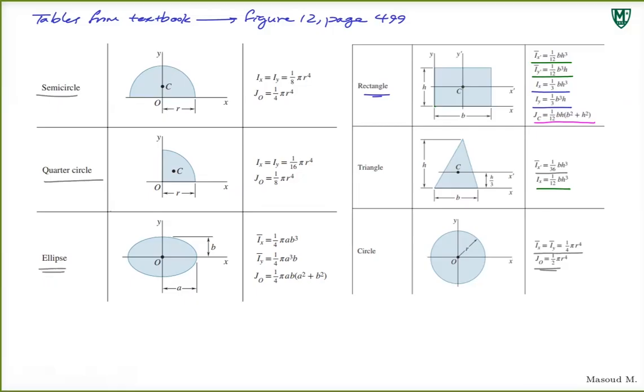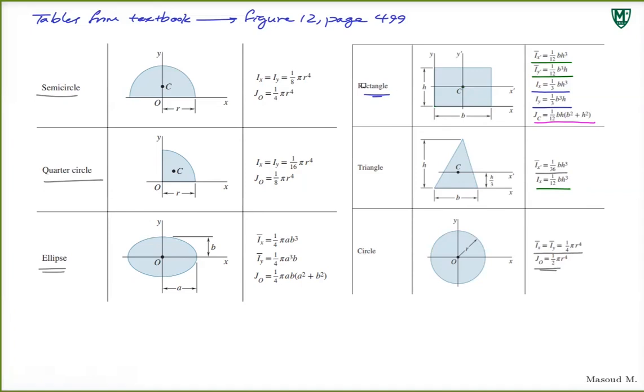So these are the simple shapes you know the moment of inertia values for, about different axes. Your goal is to use this table and parallel axis theorem to calculate the area moment of inertia for composite areas. Let's see how we do that.